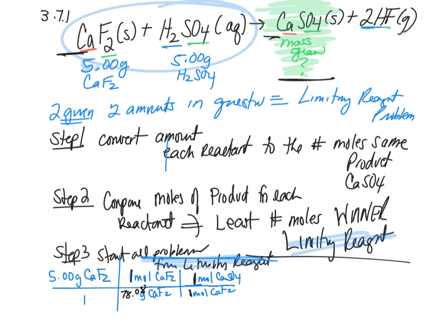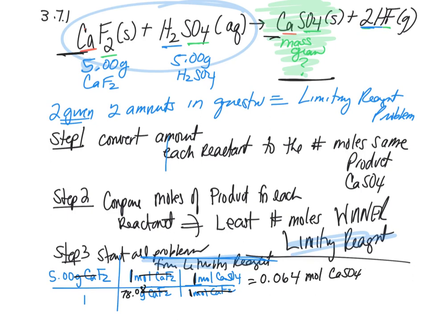So if I take 5 divided by 78.08, I get 0.064, and these cancel out, mole of calcium sulfate.